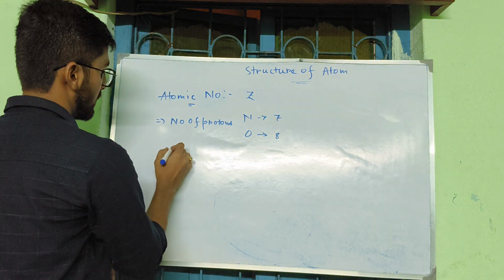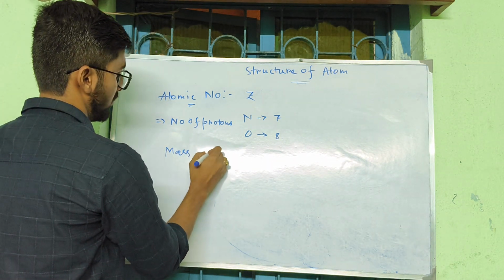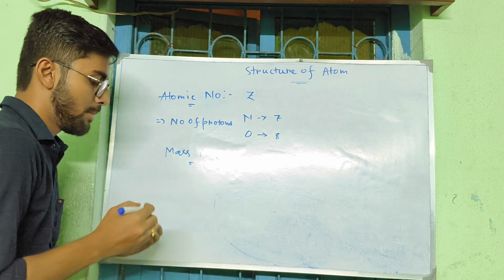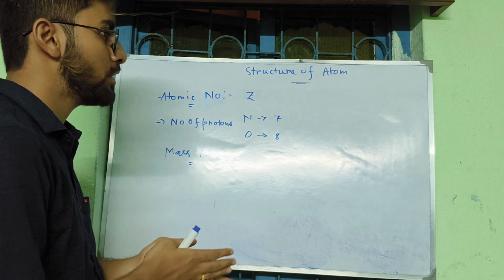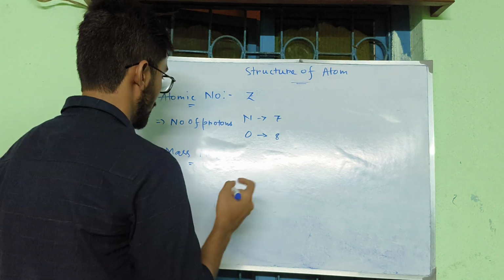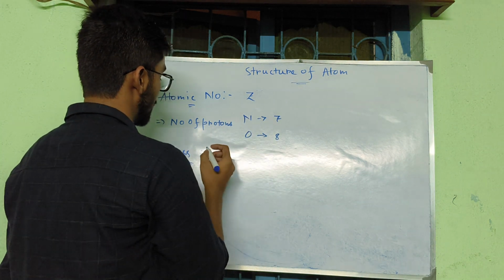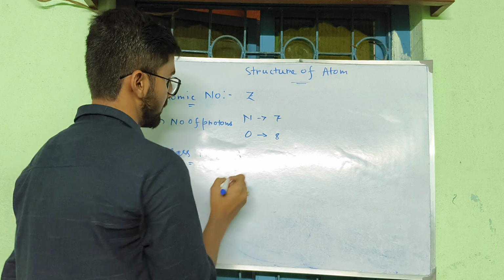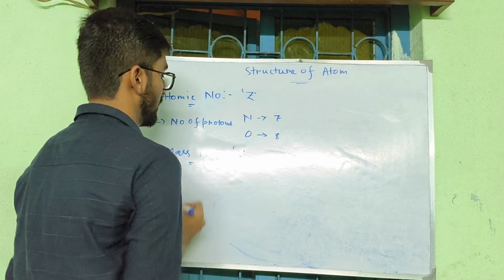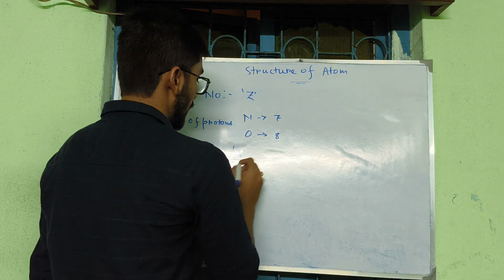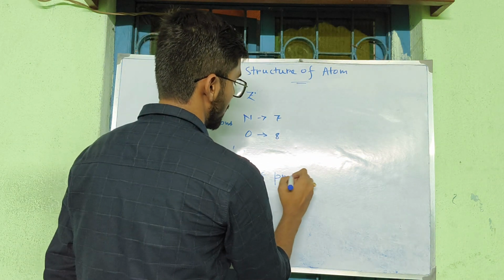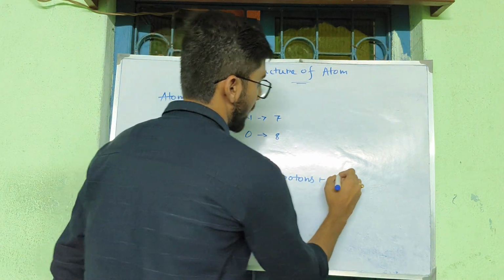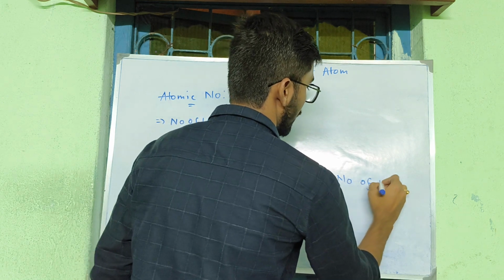And what is mass number? Mass number is equal to the total sum of protons and neutrons. So mass number is denoted by A. So mass number is equal to number of protons plus number of neutrons.